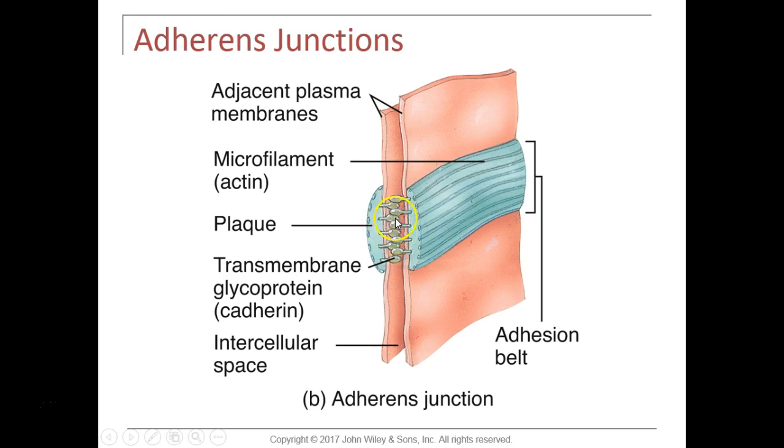So the cadherins are one type of transmembrane protein that actually anchor and stick together in this extracellular space. In that fashion, these 2 cells are linked along the perimeter of the cell at this level.